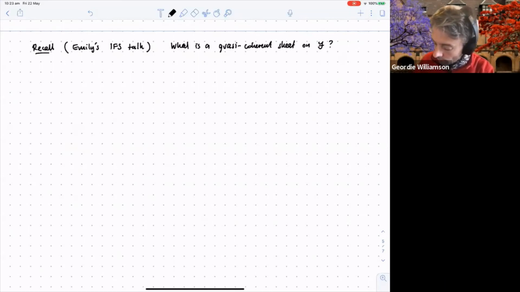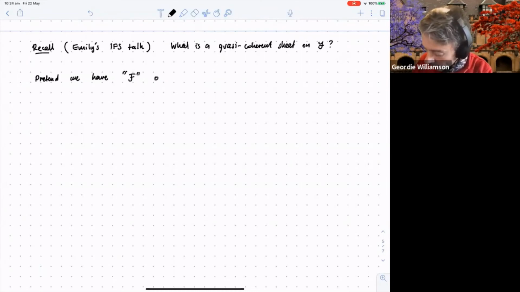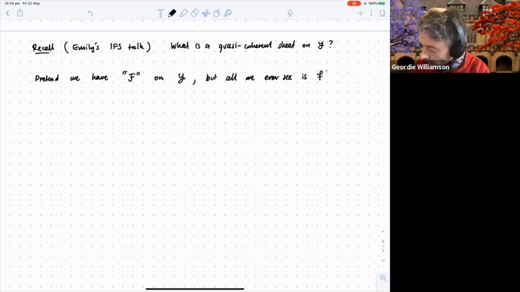And the way to think about it is to pretend we have a sheaf, so a quasi-coherent sheaf on Y, but all we ever see is F upper star of this mythical creature, for F a map from an affine scheme.